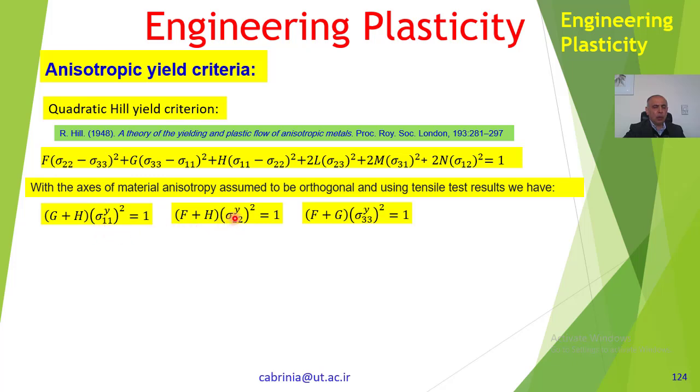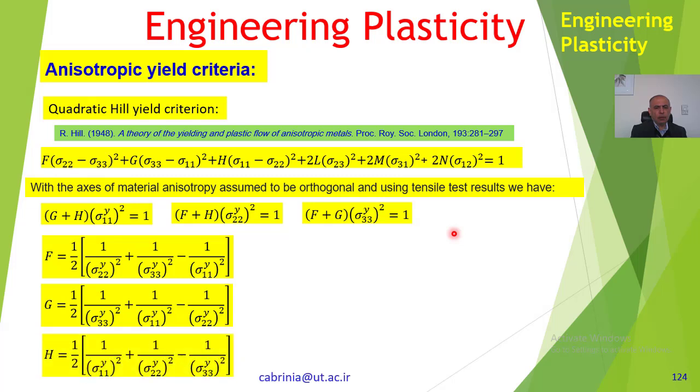We call them sigma y. But here, in each direction, we have a different value for the yield strengths. So we get sigma 11 here, sigma 22 here. Similarly, sigma 33, and all the other terms are 0. When we are testing in the direction of 3, the shear stresses are 0, and the normal stresses sigma 11 and sigma 22 are 0, so we get only two terms, (f plus g) times sigma 33y squared equal to 1. So we get these values.